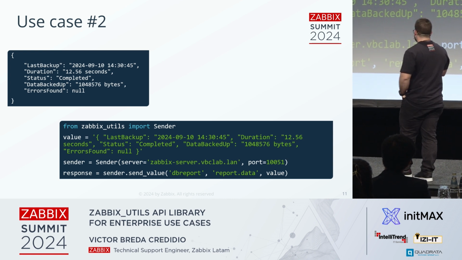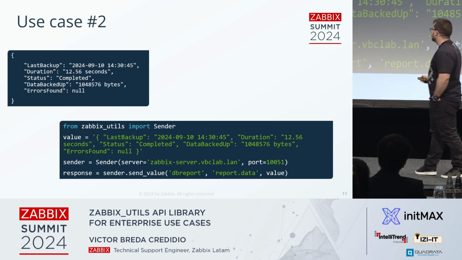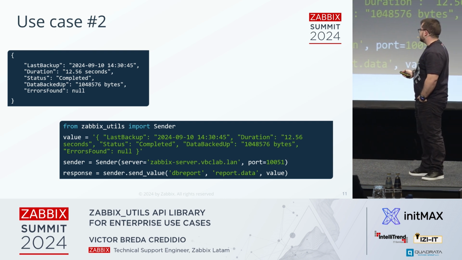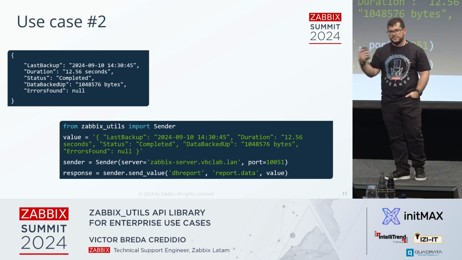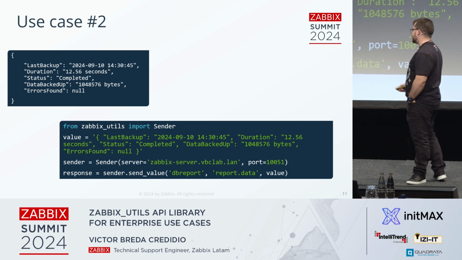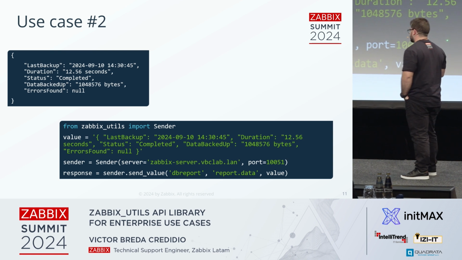Here I'm importing the sender class and setting the sender variable. Using this method, I'm pointing to the Zabbix server and the trapper port. I'm going to send some information to the Zabbix server, so it needs to have the correct port.